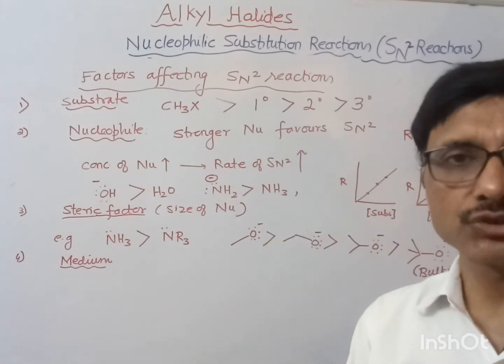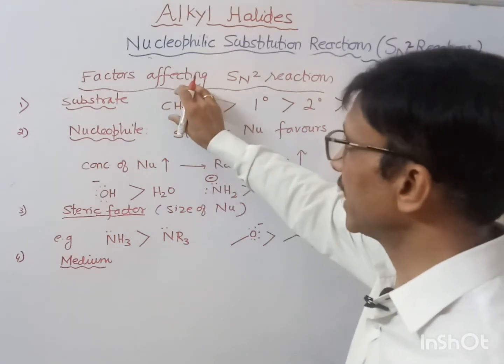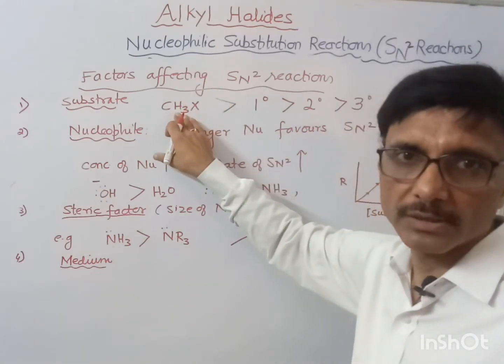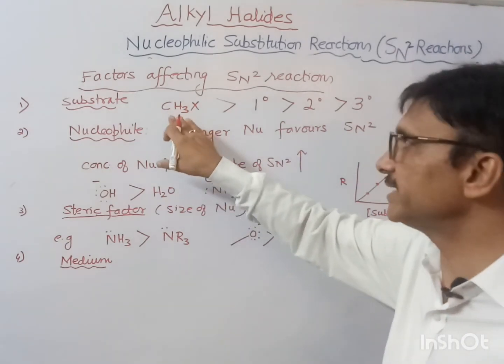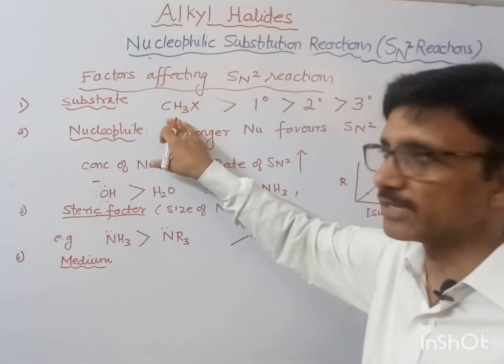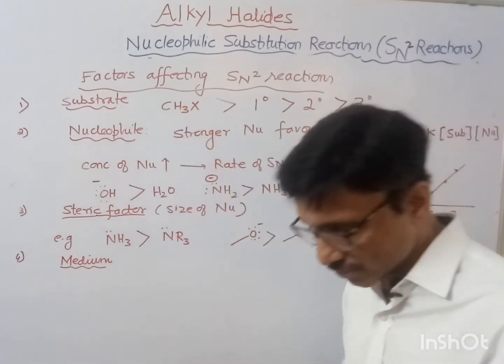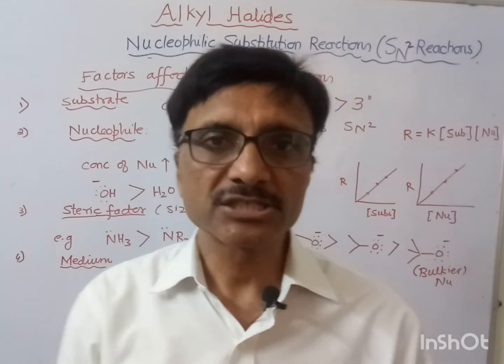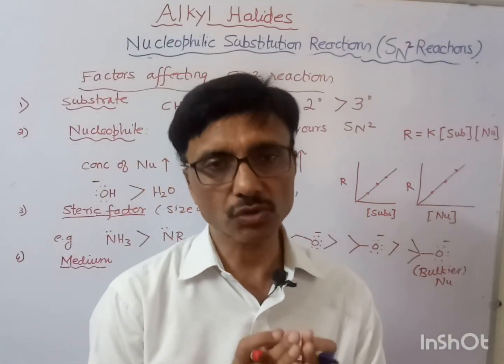The solvent should always be polar, because the substrate molecule, the alkyl halide, being polar, can only be dissolved in a polar solvent. So the alkyl halide always needs a polar medium, and the substitution reaction takes place in polar solvent.